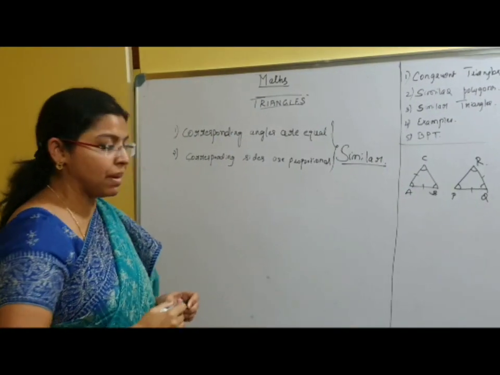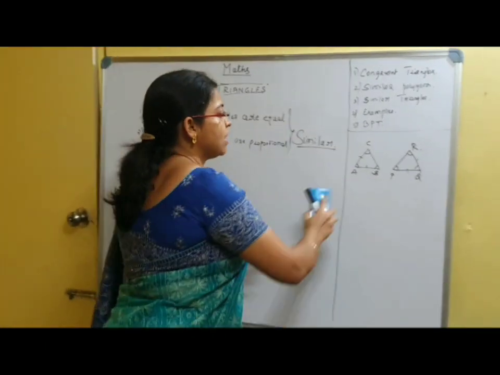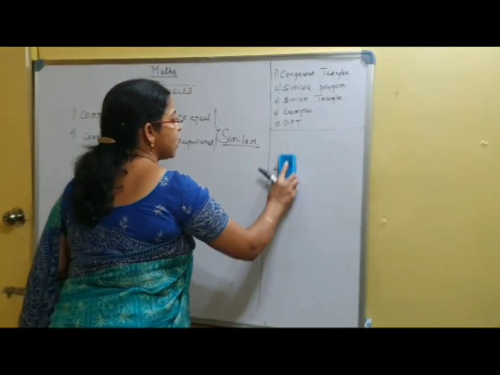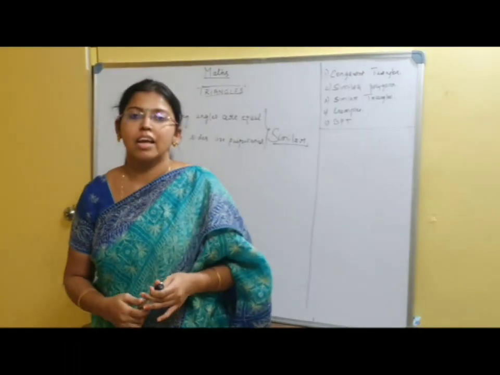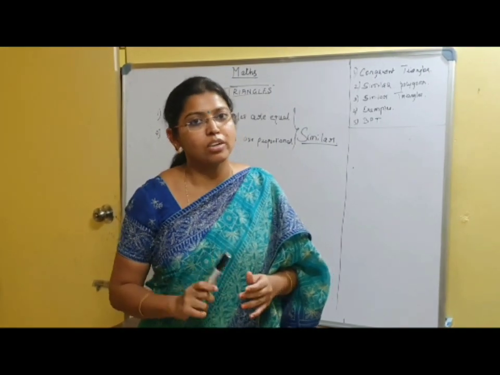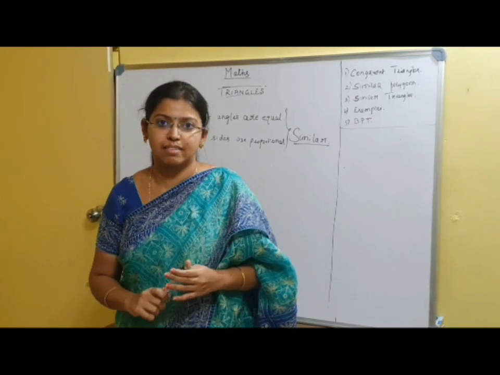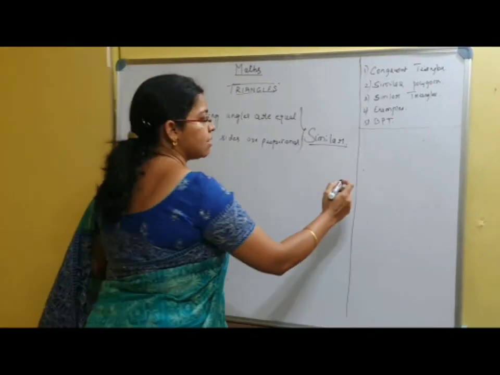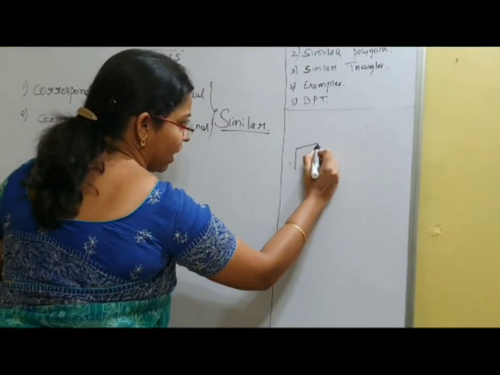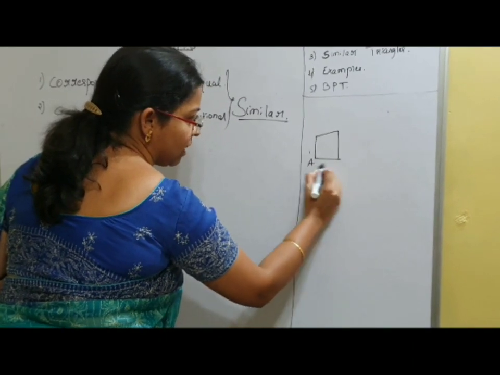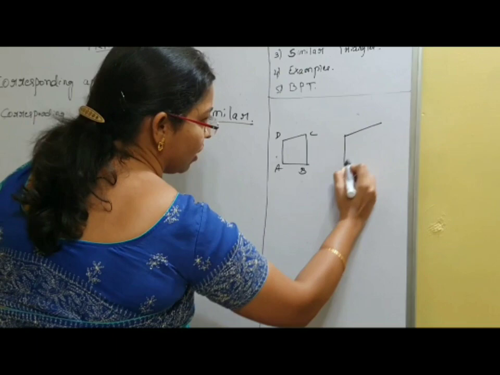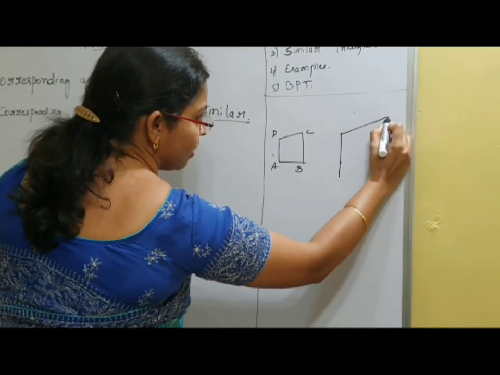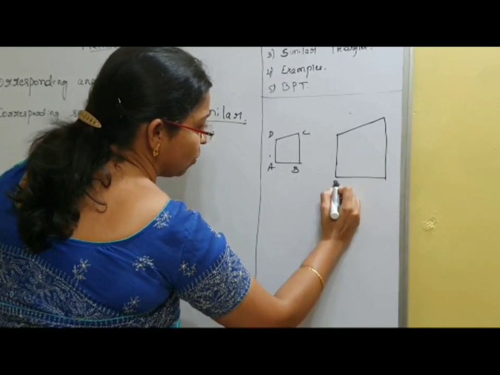So what do we mean by similar polygons? When do we call two polygons similar? Two polygons are said to be similar if they are of the same shape, not necessarily of the same size. For example, consider a quadrilateral ABCD and PQRS.